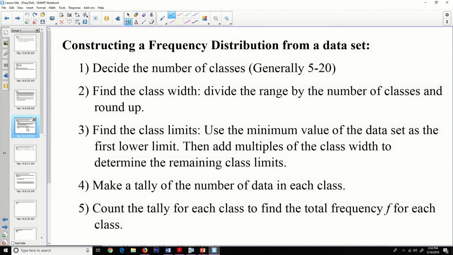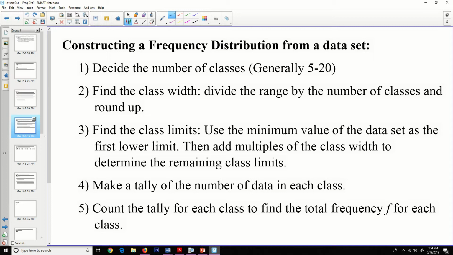If we want to construct a frequency distribution from a data set, we first decide the number of classes, generally 5 to 20. For our first one, we're going to keep it simple and only do 4. We find the class width by dividing the range by the number of classes, and then we always round up. Then we find the class limits.